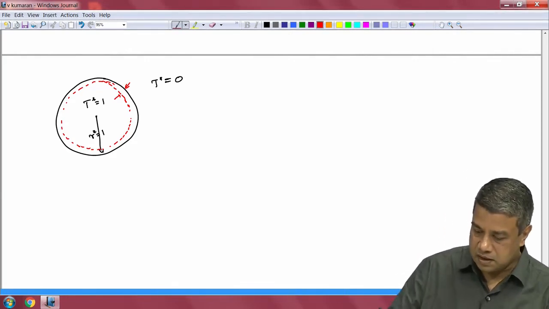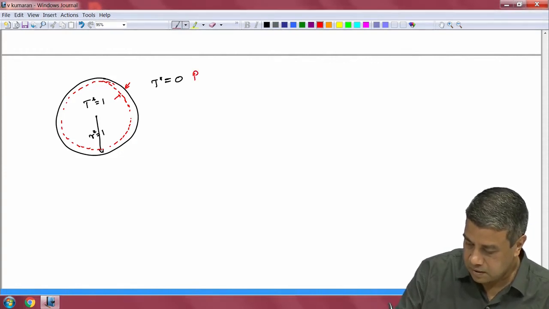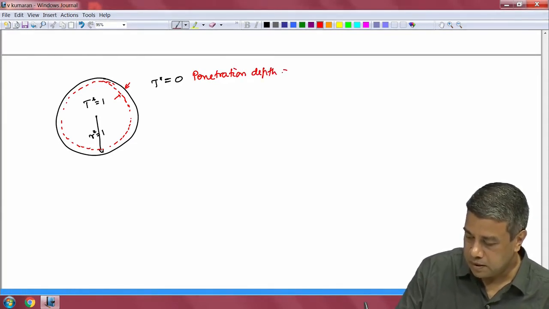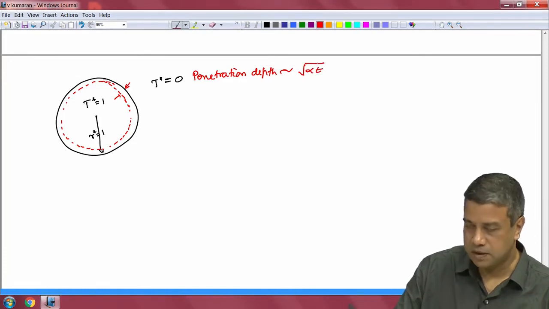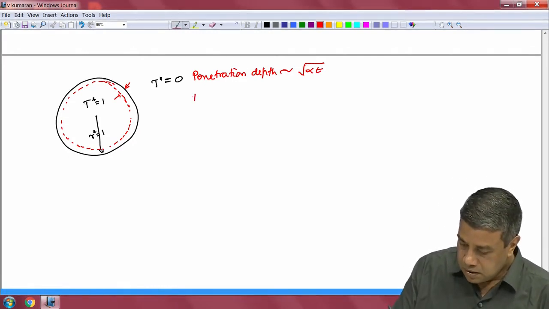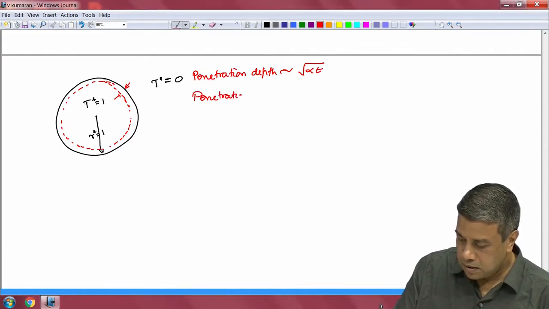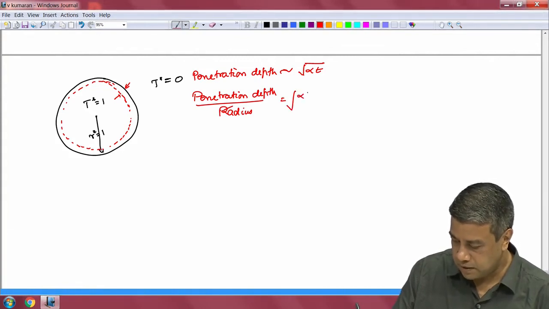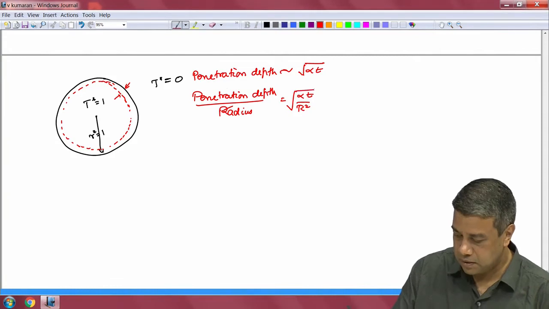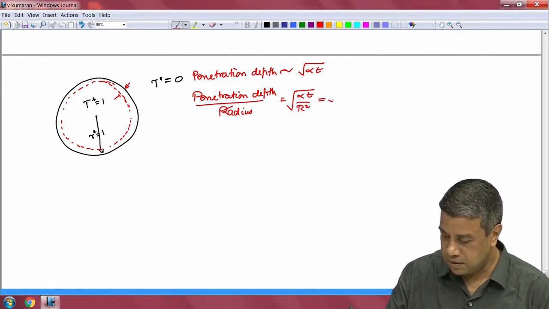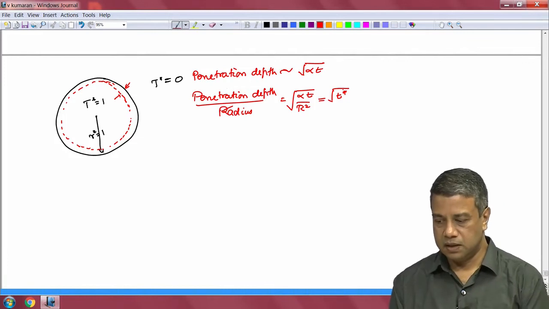Therefore, the penetration depth will be square root of alpha times T. The ratio of the penetration depth and the radius is going to be equal to square root of alpha T by r square. Alpha T by r square is my scaled time.